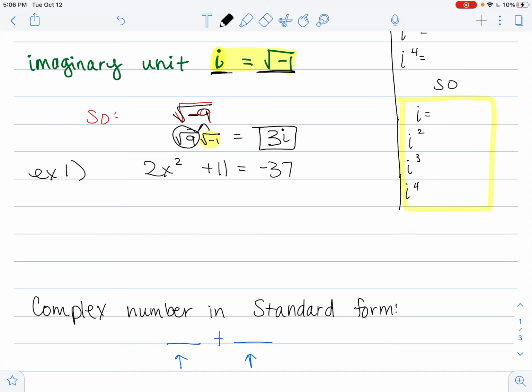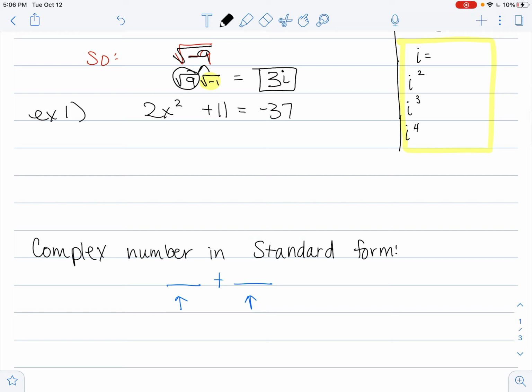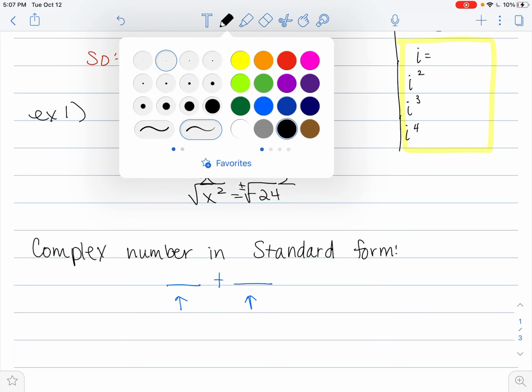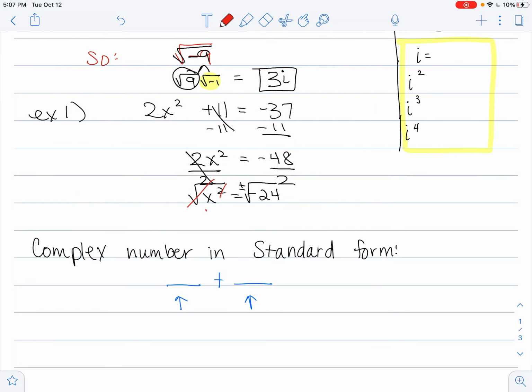So if I'm solving 2x squared plus 11 equals -37, if I subtract the 11 from both sides, I get 2x squared equals -48. Divide both sides by 2, and I get x squared equals -24. Take the square root of both sides, remember plus or minus. These cancel, so we get x equals plus or minus the root of -24.